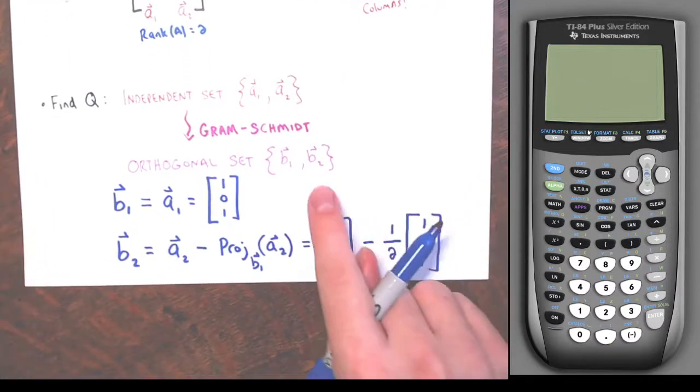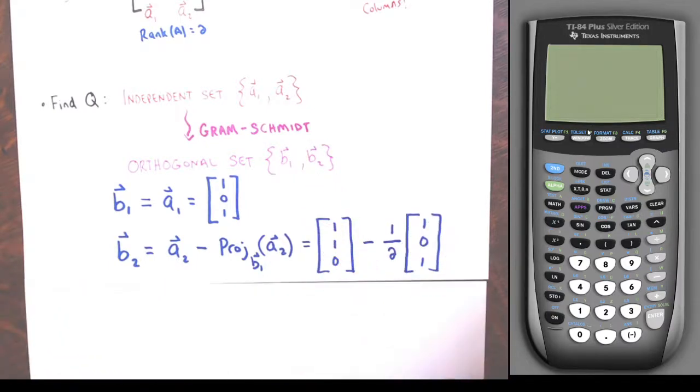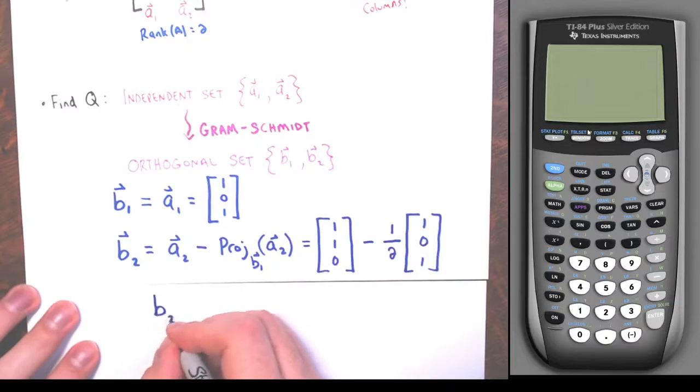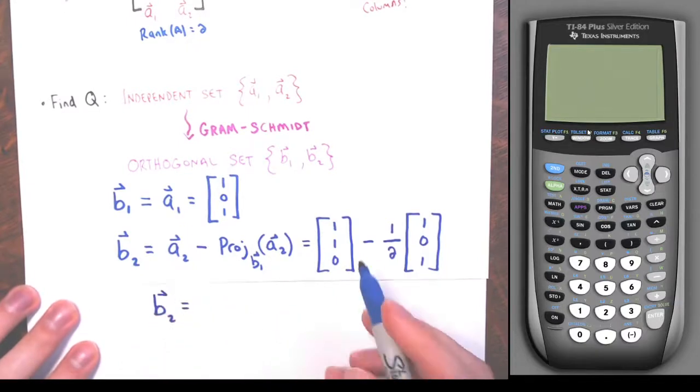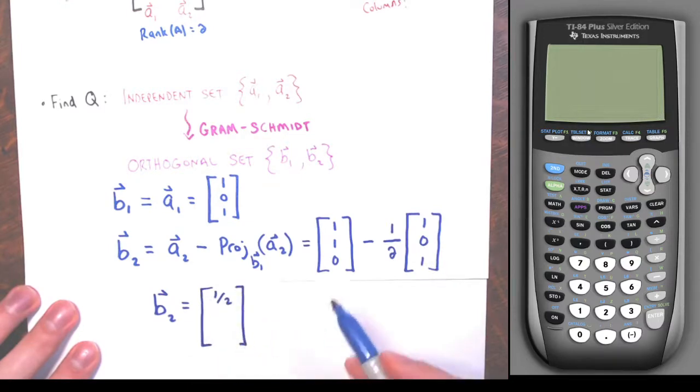So that second vector in the orthogonal set I'm trying to construct is the following. 1 minus a half is a half. And then 1 minus 0 is 1, and 0 minus a half is negative half. And if you'd like, I'm going to pull the half out here.